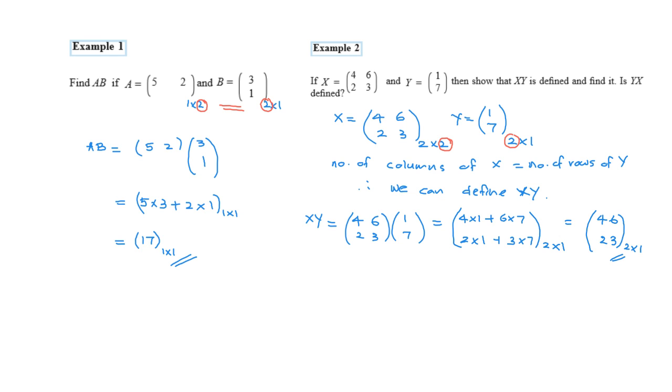Let's see now. YX can be defined? You have Y, what's the order here? 2 by 1. And X you have, that is 2 by 2. Number of columns of the first matrix, number of rows of the second matrix.